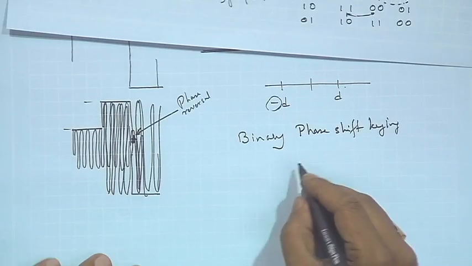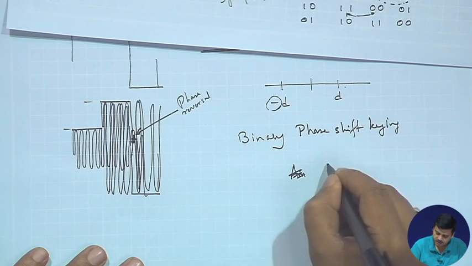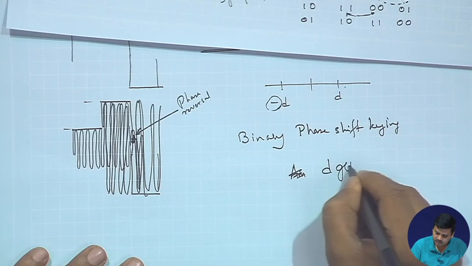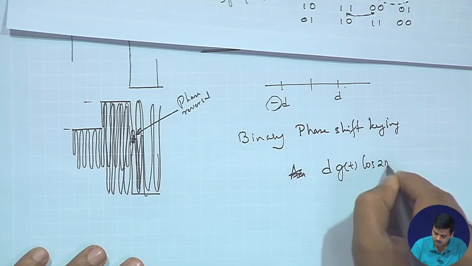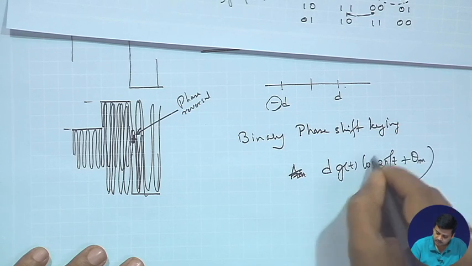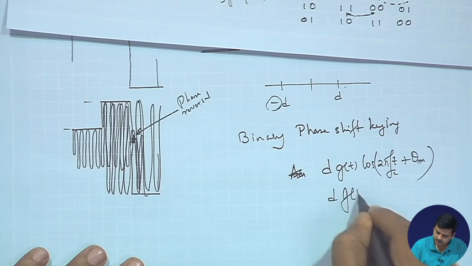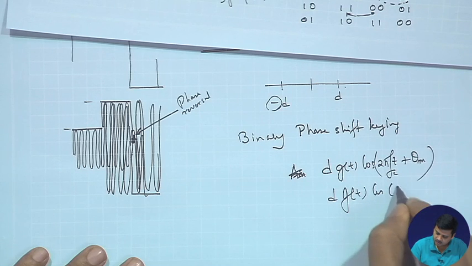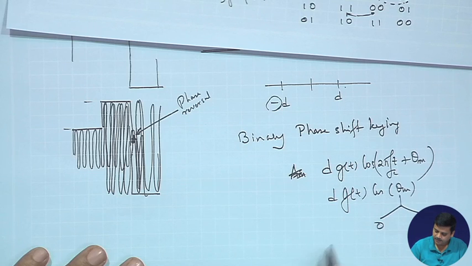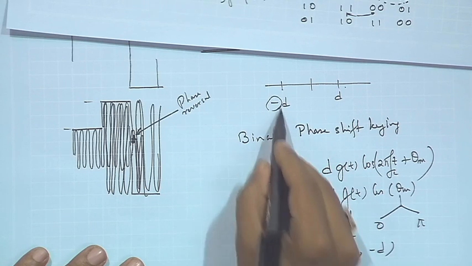So, just briefly let me write down, you are going to get d times g(t) cos of 2 pi fc t plus theta m. So, if fc is equal to 0, you would get d times g(t) cos theta m, and theta m could take a 0 or pi, and for 0 you are going to get a d, for pi you are going to get a minus d. So, which is same as this.